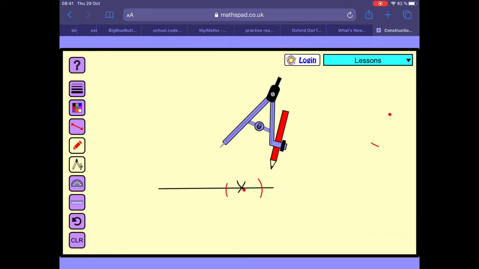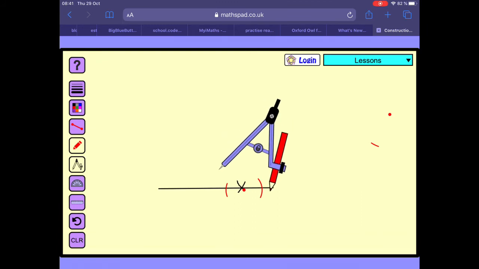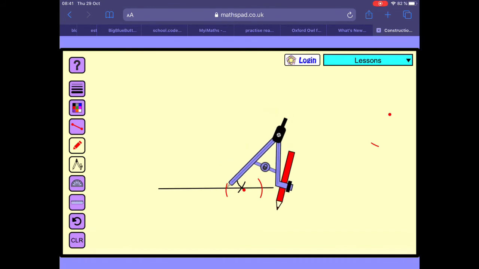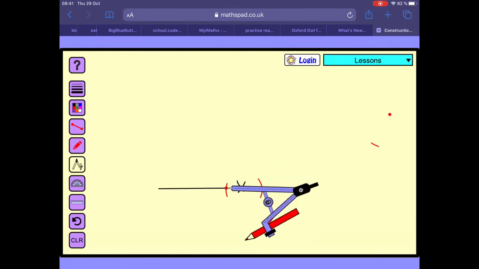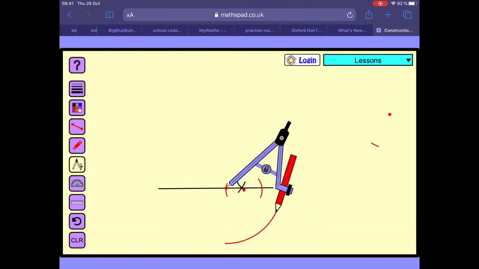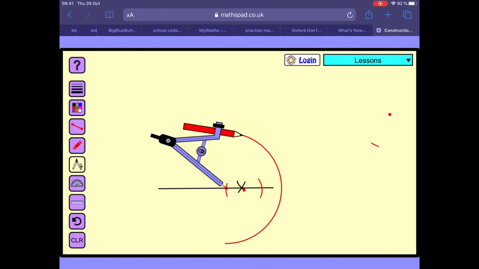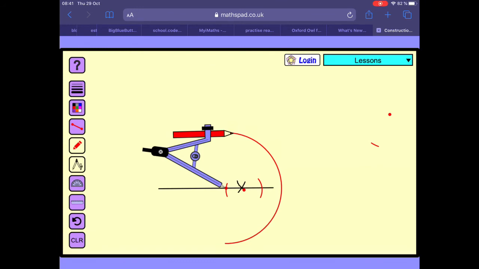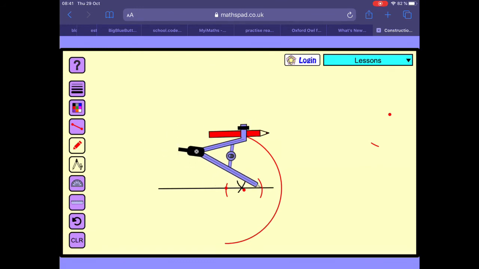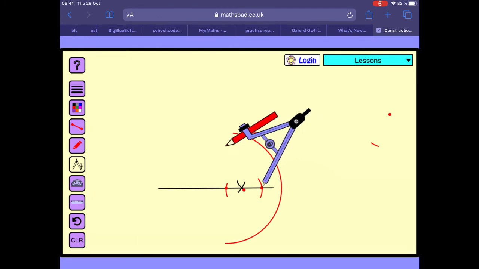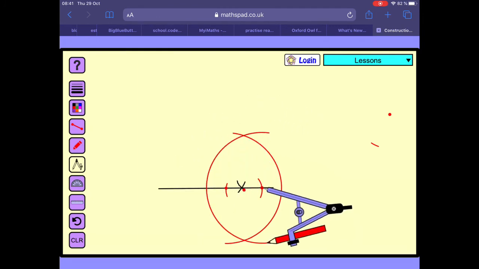Then you put the compass on the first point that we drew earlier, and you're going to draw yourself a nice long arc, just like that. And you can guess what the next step is going to be. We are going to put the compass on the previous arc we drew, and we're going to draw another nice long arc just like that.